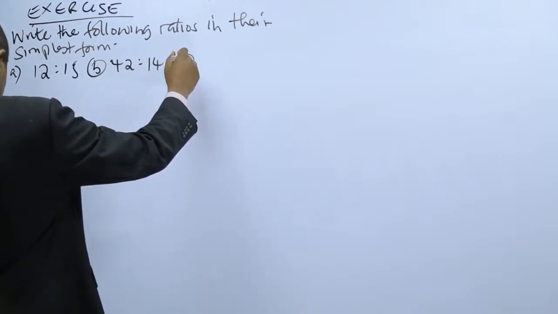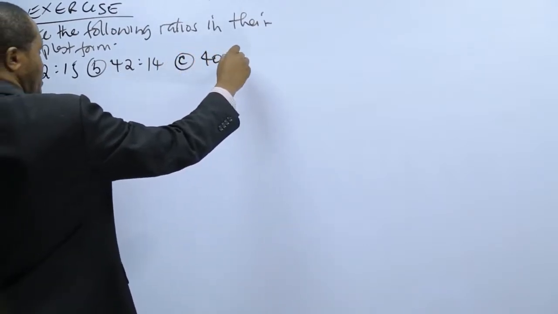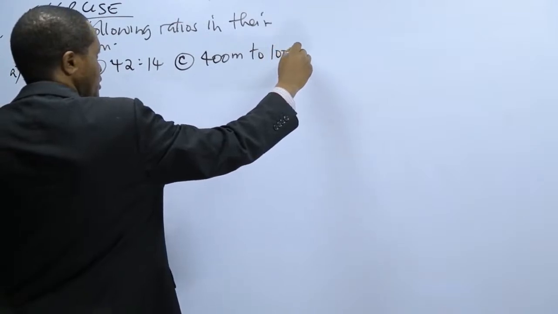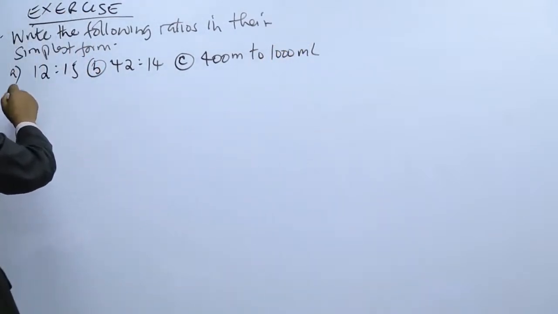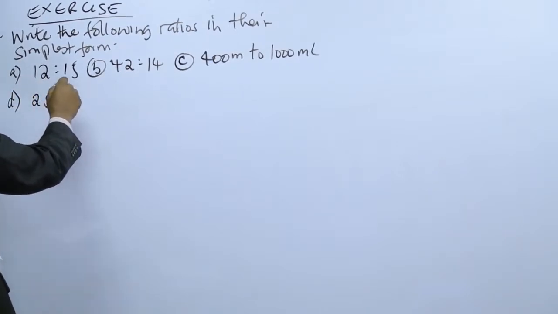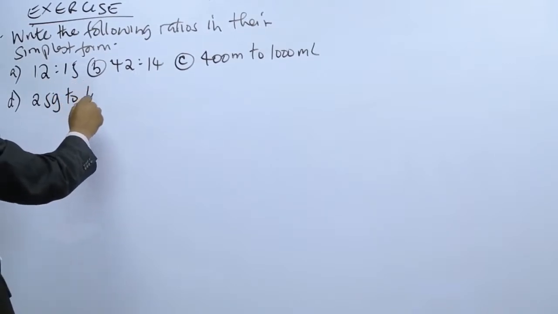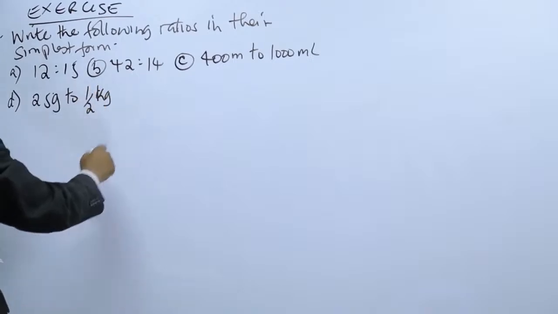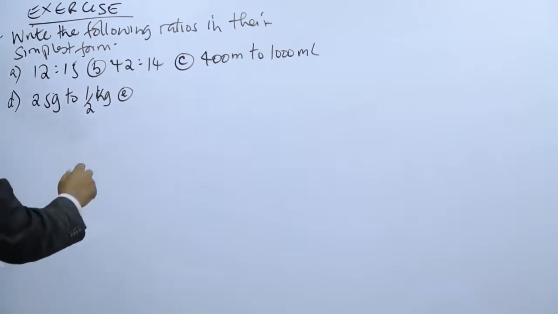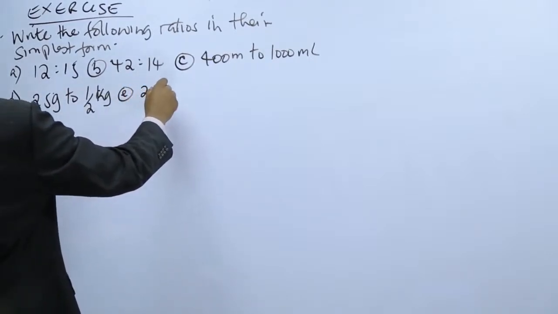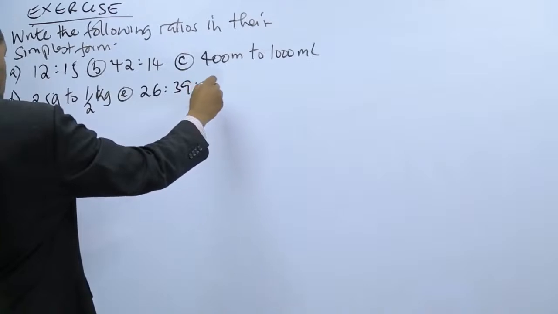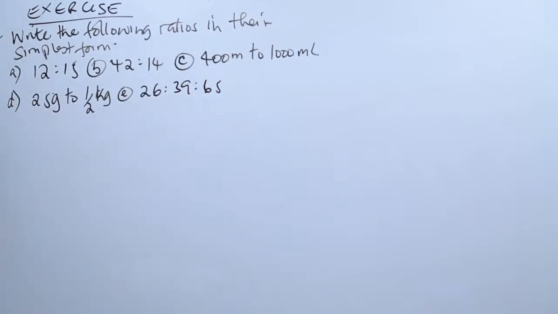C, 400 ml to 1000 ml. D, 25 grams to a half kilogram. E, 26 to 39 to 65. All right.